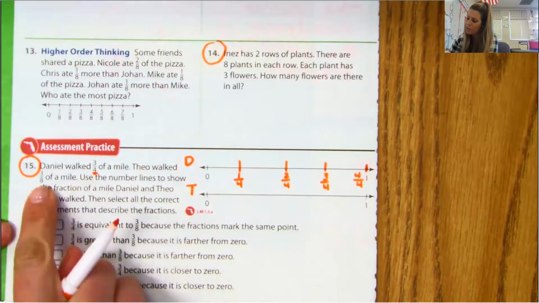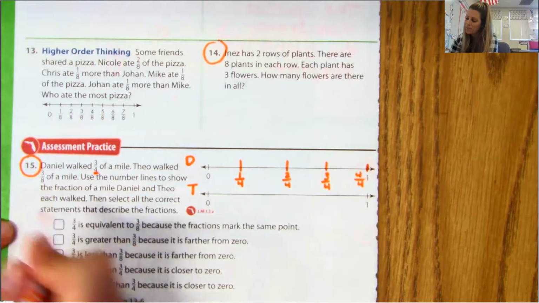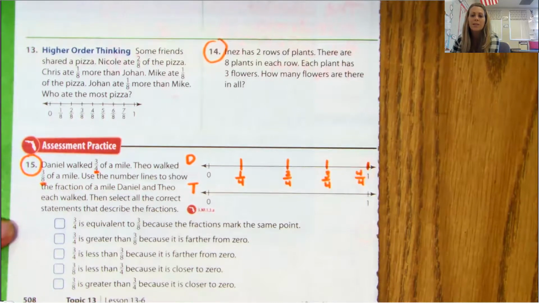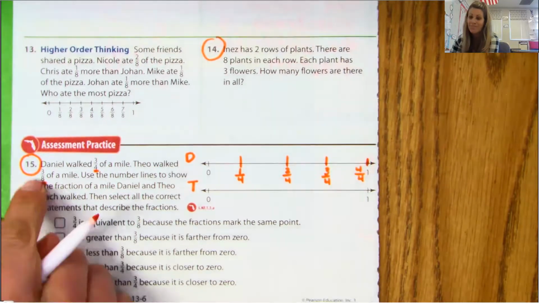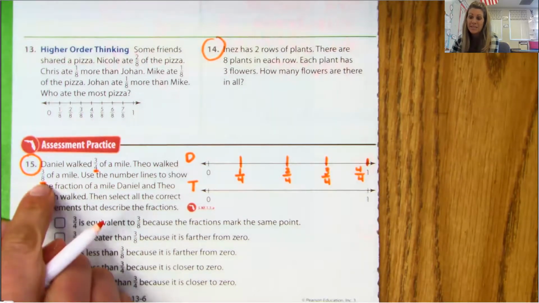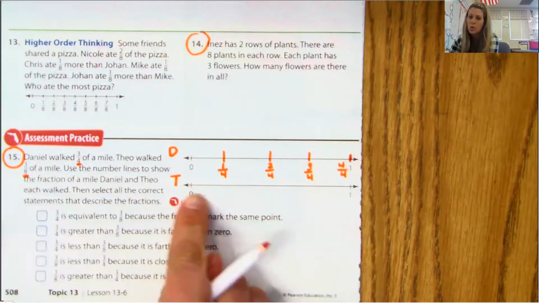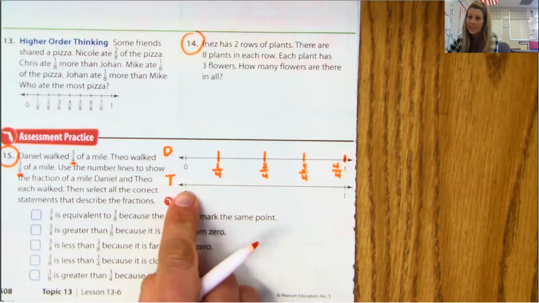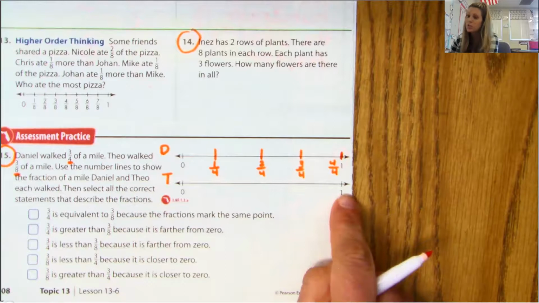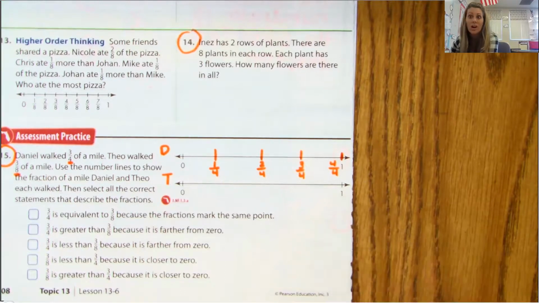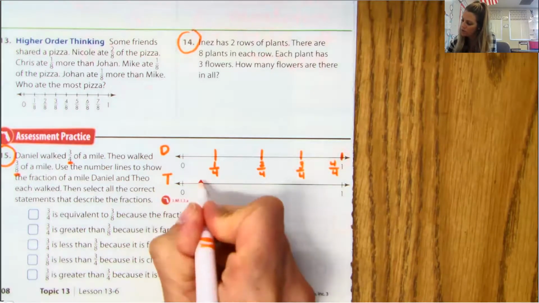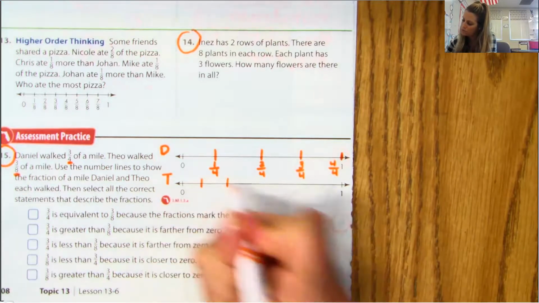But then Theo walked 3/8. So that means we've got to split up our number line into actually how many this time? Into 8 pieces, right? So remember, we don't count 0, but we can count 1. So we have to make 1 our 8th mark, right? So let's look. 1, 2, 3.